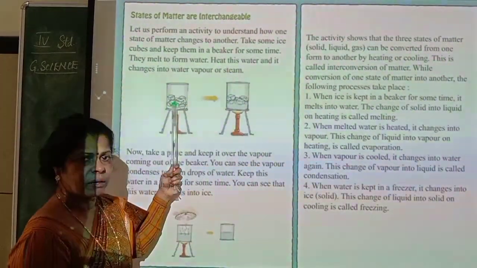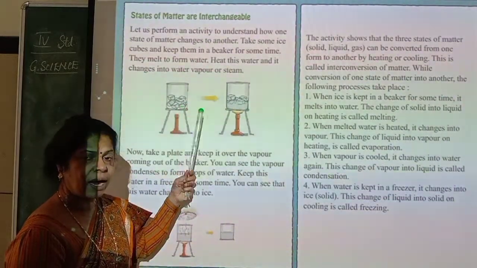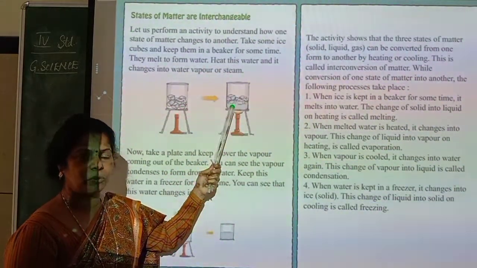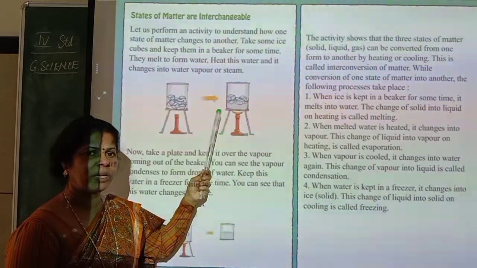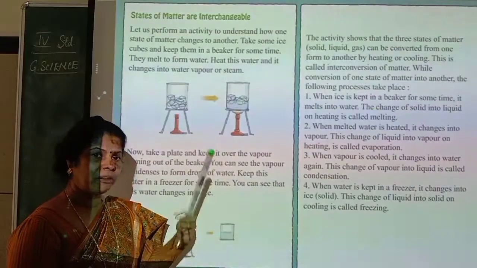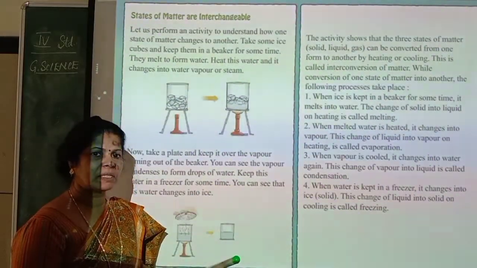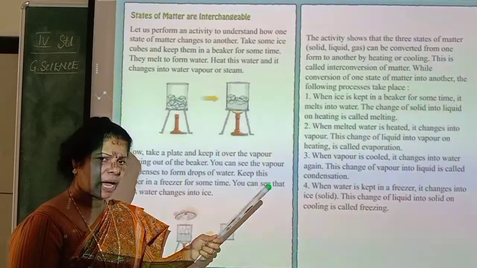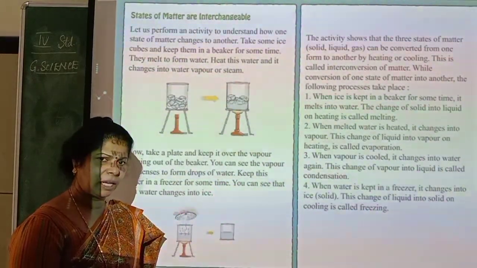So solid, liquid and gas. Again, if you leave that water vapor or steam to cool, what will happen? When it cools, again it turns to water. Again if you freeze it, what happens? It turns to solid. You understood? So solid, ice becomes water, liquid.